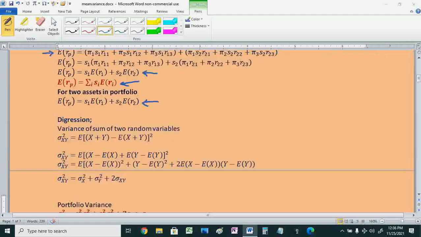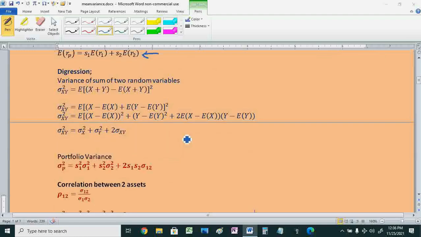Here I have given you, for refreshing your memory, the formula where two random variables are involved, random variable x and random variable y, and suppose that we are talking about the variance of the sum of these two random variables.